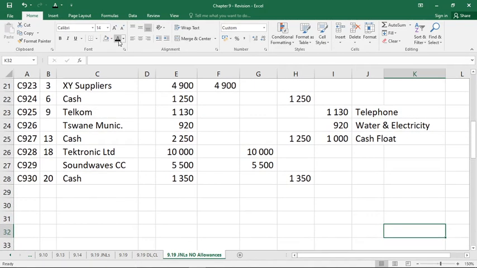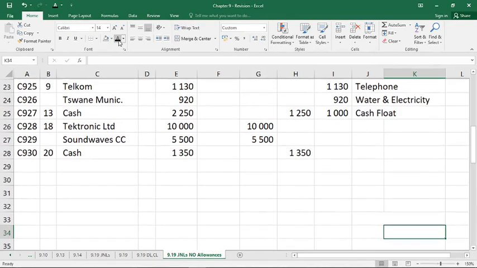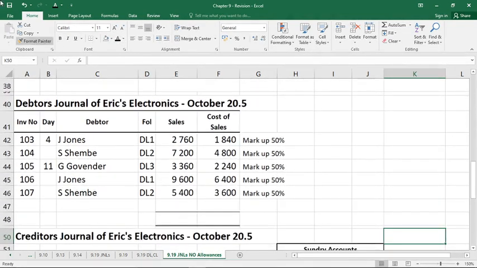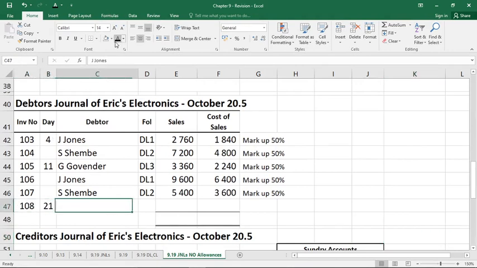Okay. Then we move to 21st. J. Jones bought goods on credit, right, from us. The normal selling price was 4,200, but Eric gave him a price reduction or a trade discount of 15%. Right, so a little bit to think about here. There's the debtors journal because we are selling on credit the 21st and we're selling to J. Jones. So now instead of selling to him for 4,200, we are selling to him for 85% of 4,200.